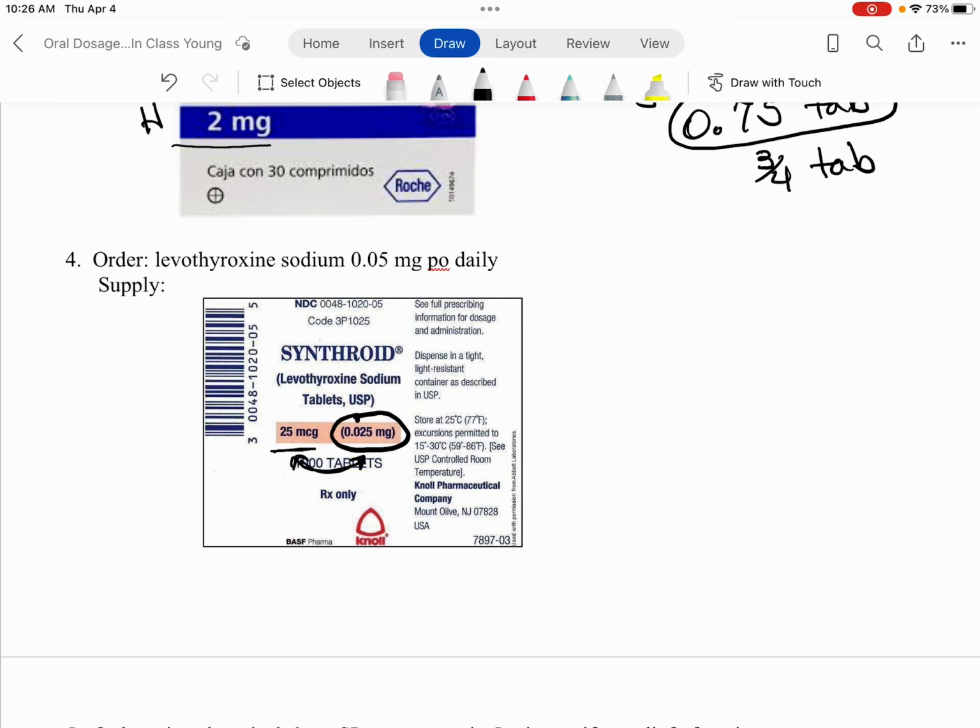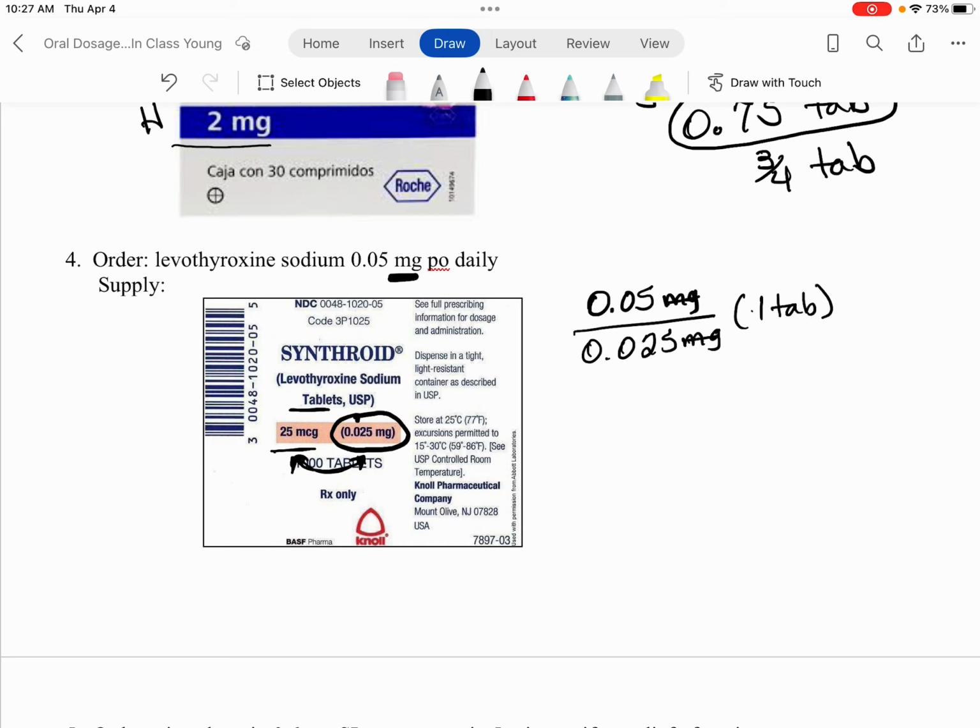That means that I can use either one when calculating the dose. Since my order is in milligrams, I want to use the milligrams. So my desired is 0.05 milligrams. My have is 0.025 milligrams. And since these are tablets, then it's going to be per 1 tablet.